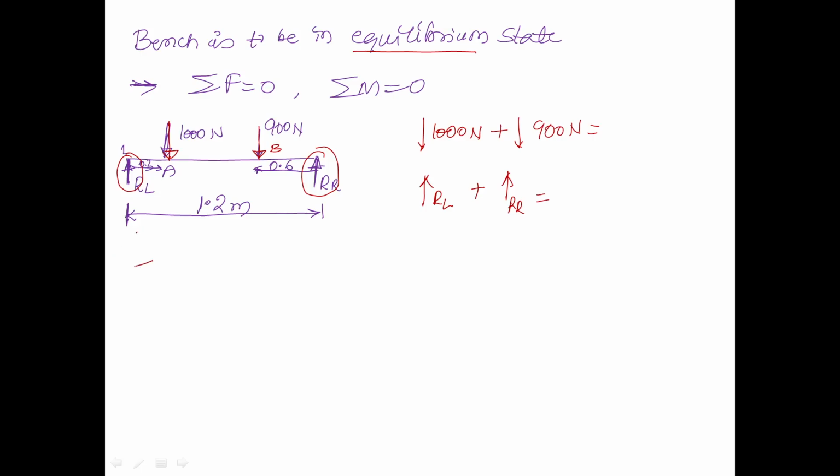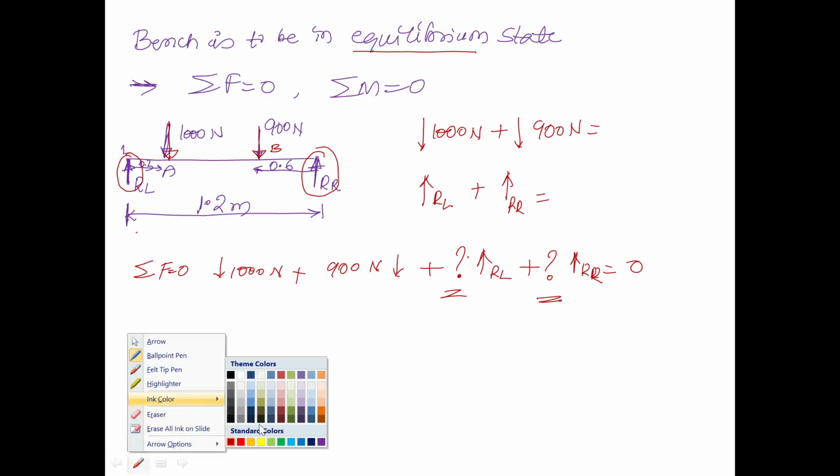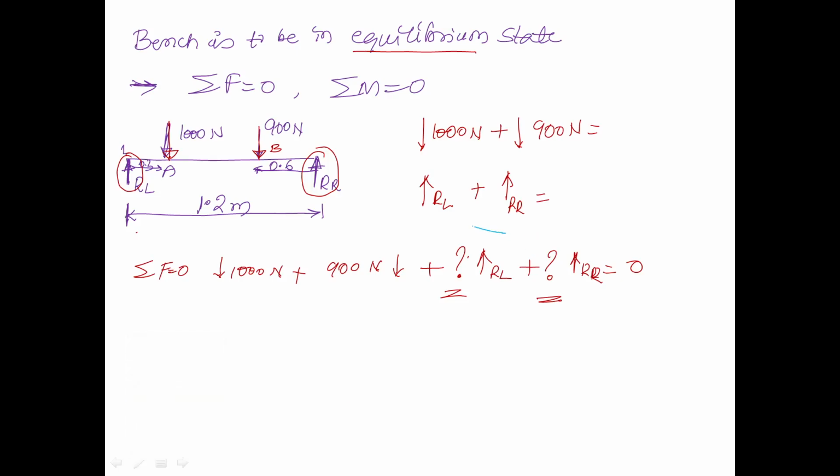Now what is the condition? Condition: sigma F equals 0. 1000 Newton is acting in a down direction, 900 Newton is also acting in a down direction. The reaction forces act in the up direction, but we don't have their values. So two parameters are unknown here: RL as well as RR.